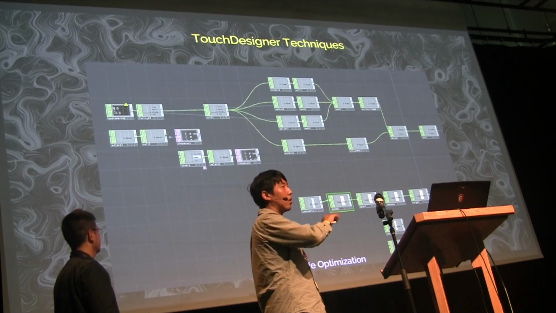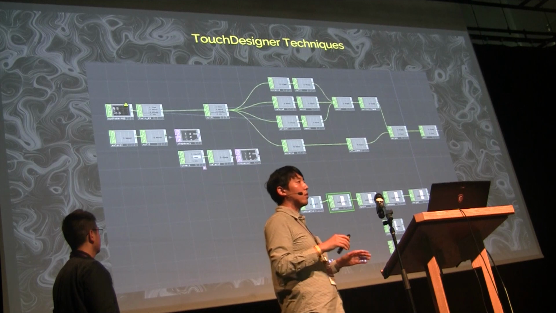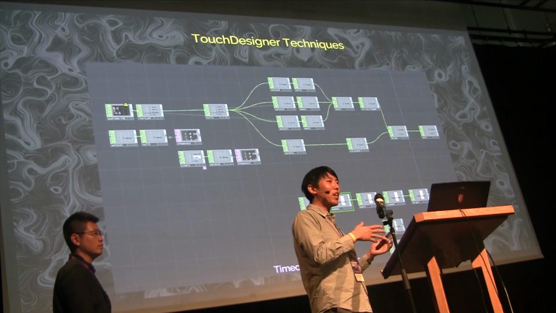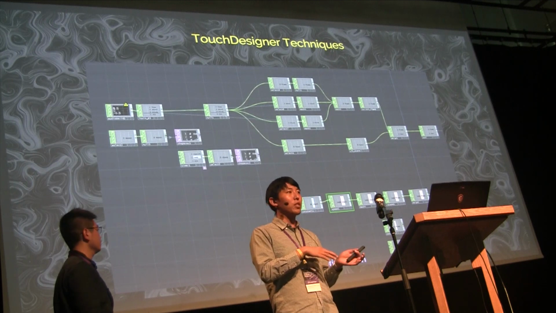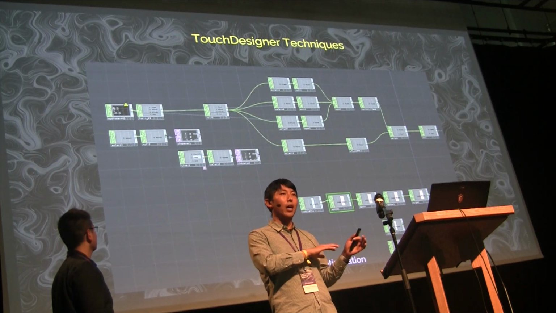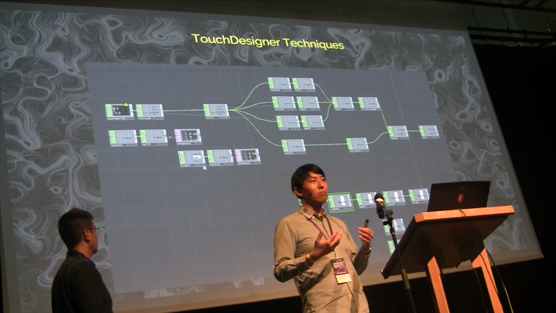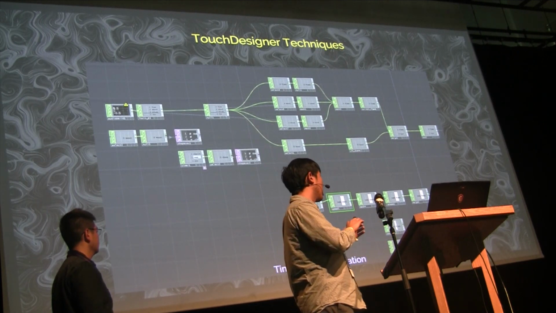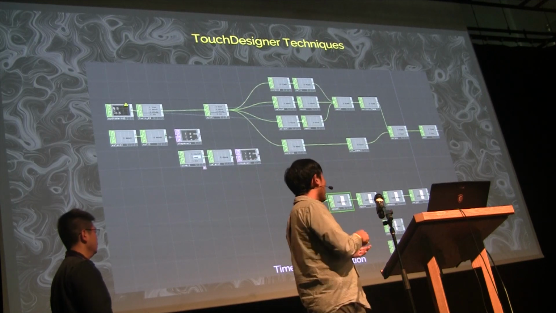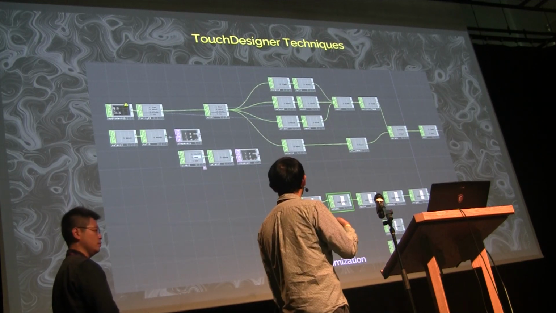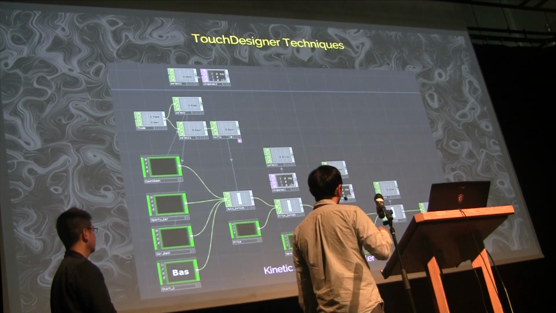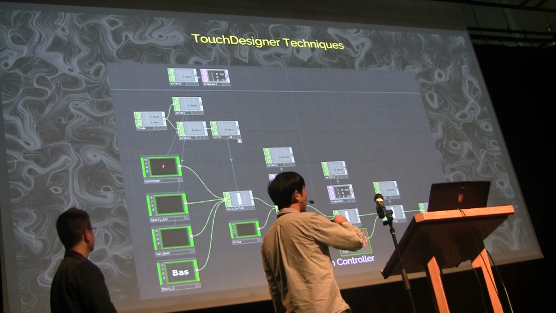In that kind of performance, they are provided by the audio and visual rentals, so they're always the ones who play the video. I know TouchDesigner can play, but usually they control all the videos, so we get a time code from them to sync with them. And then we have the Kinetic animation controller, with different sections.